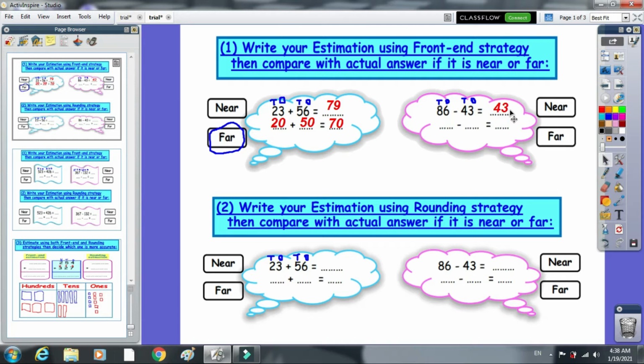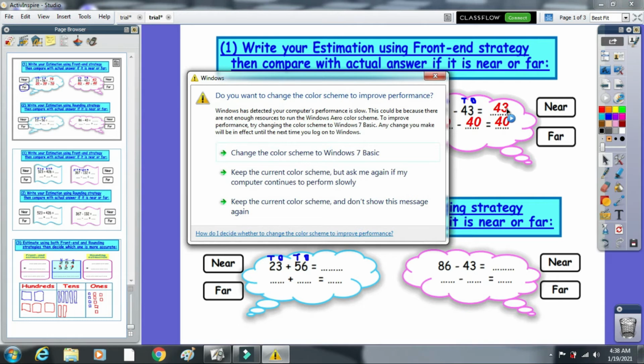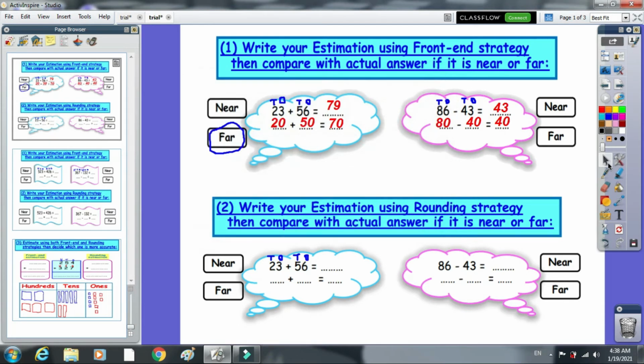To use the front end strategy to estimate, I will estimate 86 by 80, because our leading digit here is 8, so it will be 80, and in 43 our leading digit is 4, so it will be estimated to be 40. And here 80 minus 40 equals 40. If we compare 40 and the actual difference, which is 43, we will find that they are near to each other, so here I will select they are near.